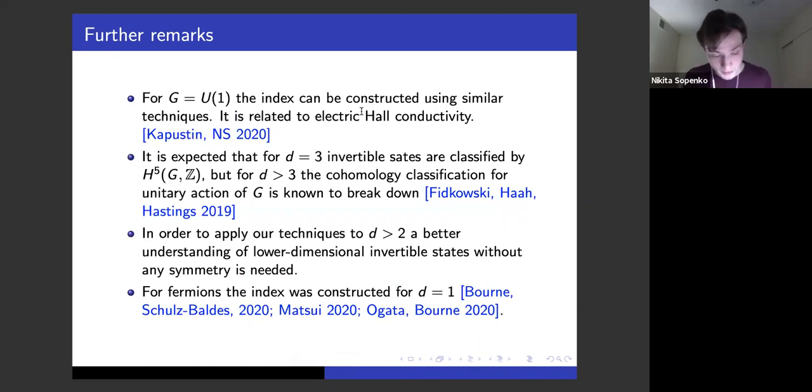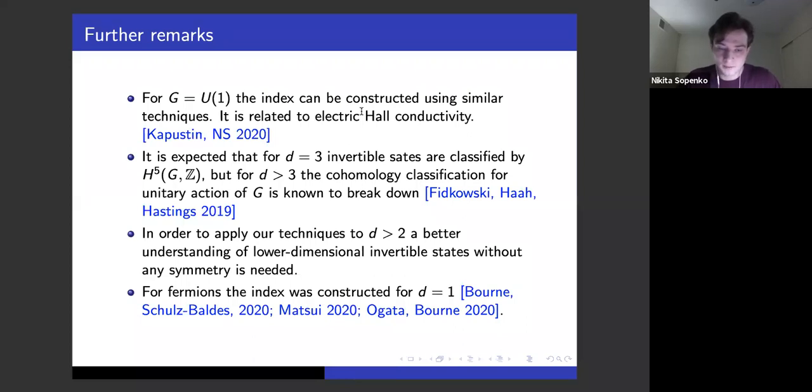Let me just mention what happens in high dimensions. But first, let me say that everything was done only for finite groups, and we don't know how to do that in full generality. But some results can be obtained for a U(1) group, which is most physically relevant because it corresponds to electric charge and Hall conductivity. And it's possible to define it using similar methods and to show that it is actually quantized.